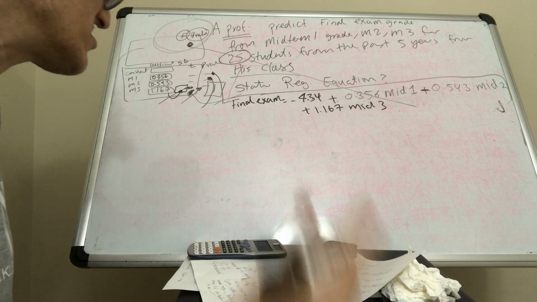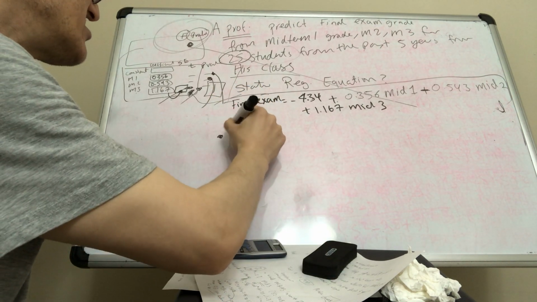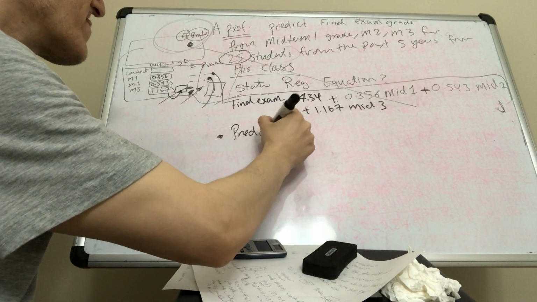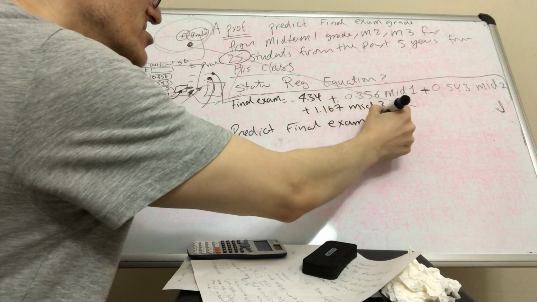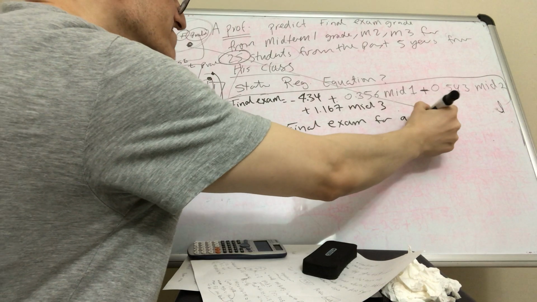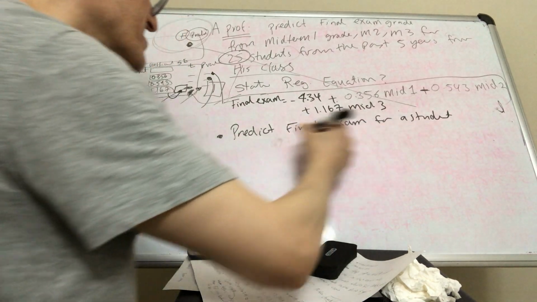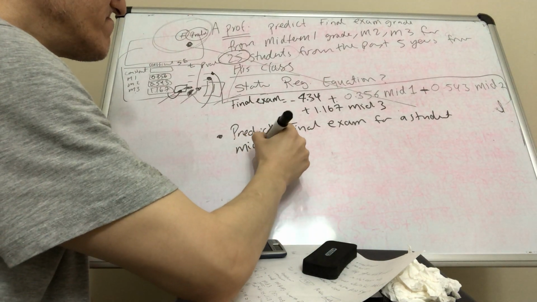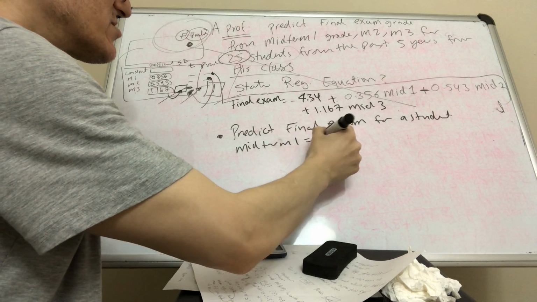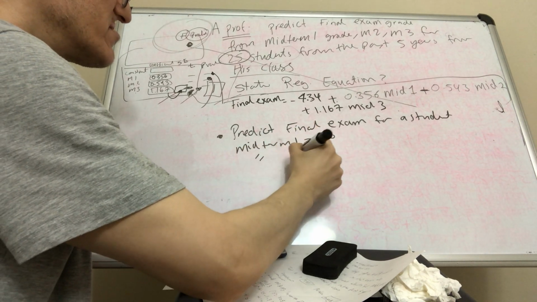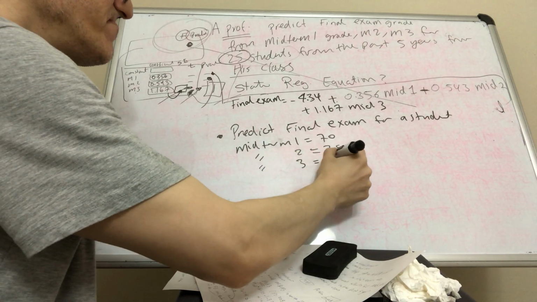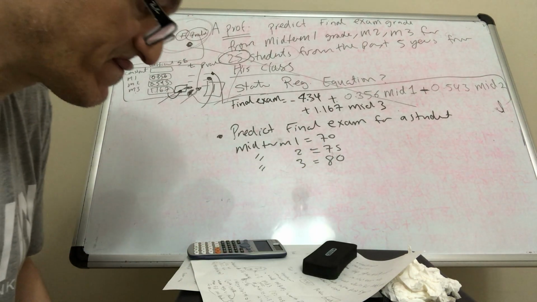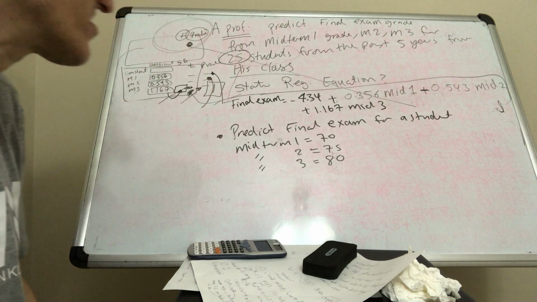And the next question was, can you predict the final exam for a student whose midterm 1 is 70, midterm 2 is 75, and midterm 3 is 80?